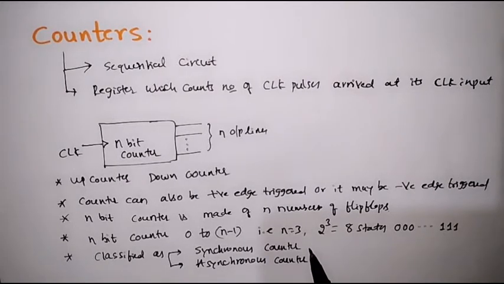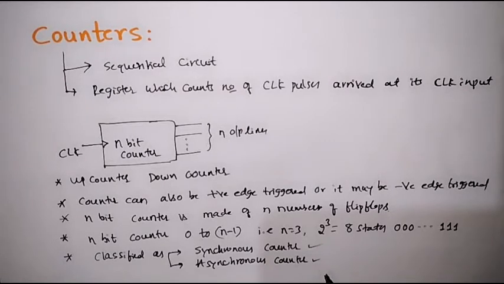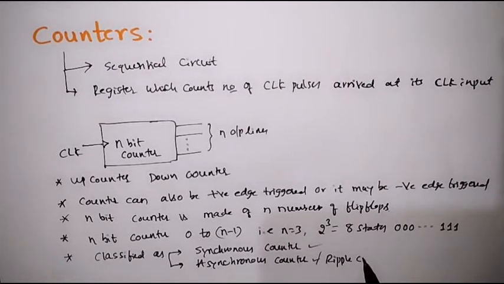Synchronous counter is the one in which clock pulse is given to all the flip-flops simultaneously. Whereas in case of asynchronous counter, the clock pulse is given to only one of the flip-flops. The output of the first flip-flop acts as a clock input to the next one, and so on. Asynchronous counter is also known as ripple counter.